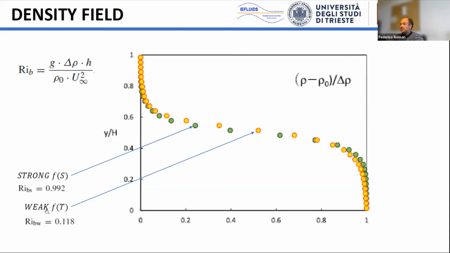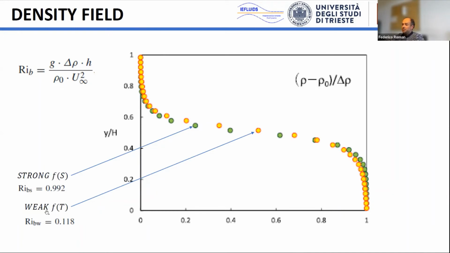The weak stratification case was set only in terms of temperature deficit, while salinity, the scalar that determines strong variation of the density field, was used for the strong stratification case.